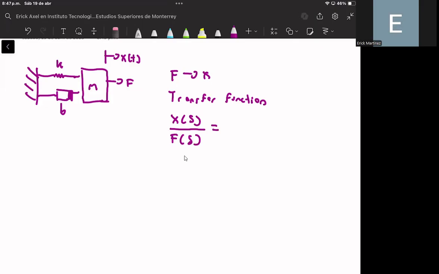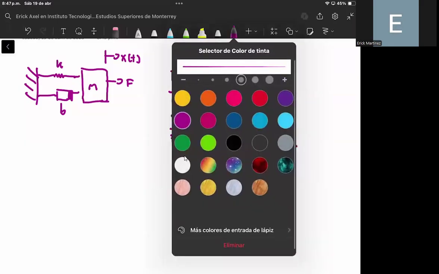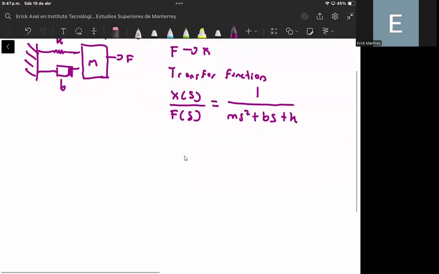But we are generating this mathematical model in the s domain, and we showed that the transfer function of this spring mass damper system is given by 1 over m times s squared plus b times s plus k. Also, we discussed that you can compute the important dynamics of the system if you compute the roots of the polynomial in the denominator.